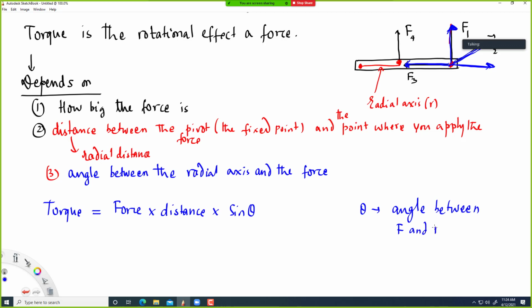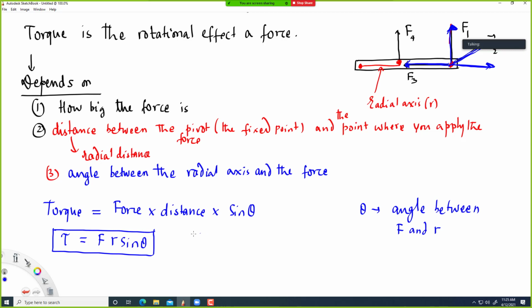Okay. So torque is denoted by this Greek letter tau. Okay, this is not a small t, it's just some Greek letter, tau. Force is F, distance is denoted by R, sine theta. Okay, that's the formula for torque.